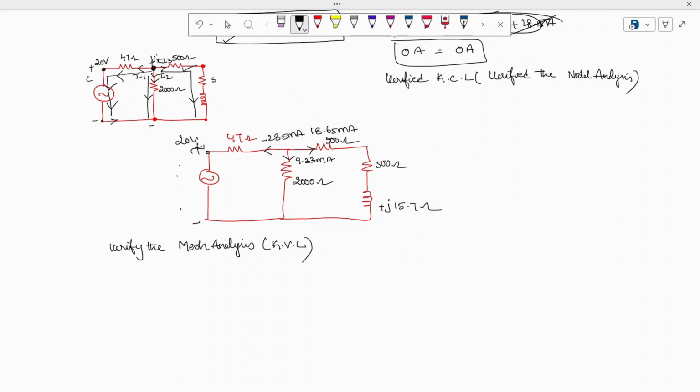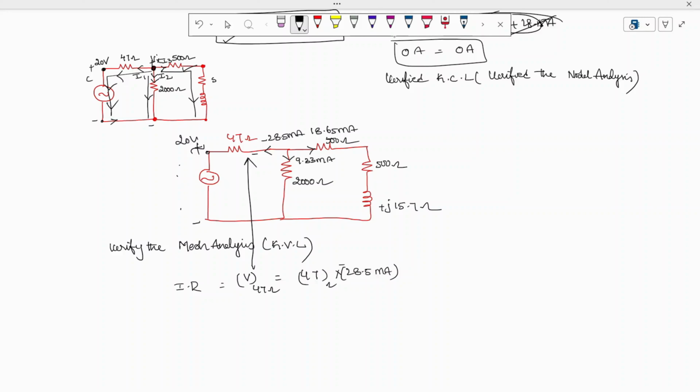So just for your analysis, let's find the voltage at this point. Voltage at 47 ohm: V equals I into R, which is 47 multiplied with minus 28.5 milliampere.